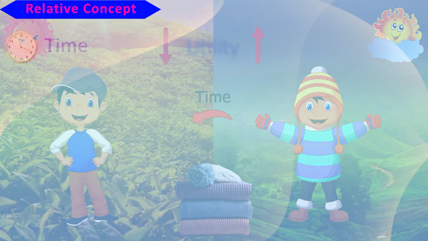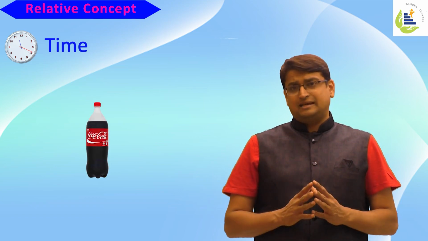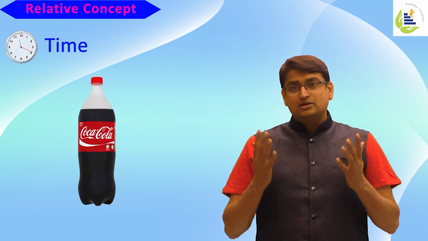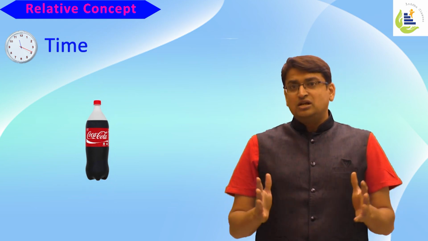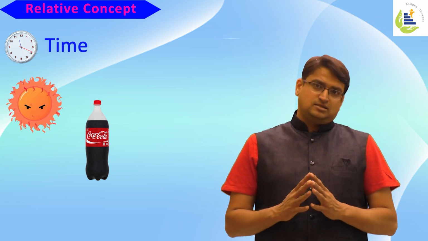Another example of how utility is a relative concept and how it gets affected with time is, let us take a beverage, a Coca-Cola, a Coke per se. Generally, we prefer drinking those soft drinks, those chilled drinks in summer seasons.